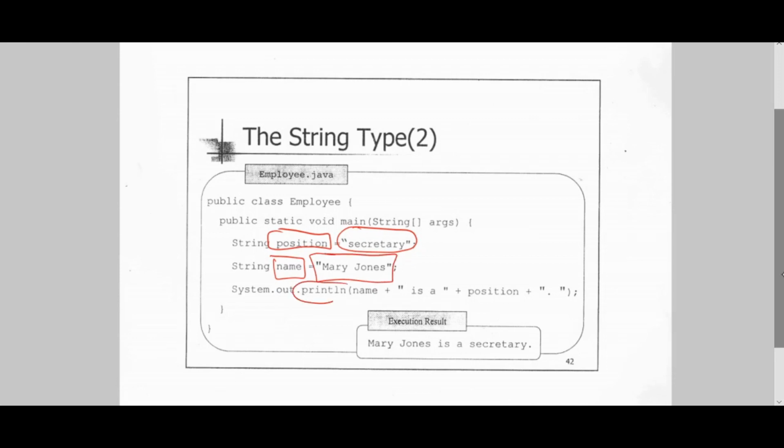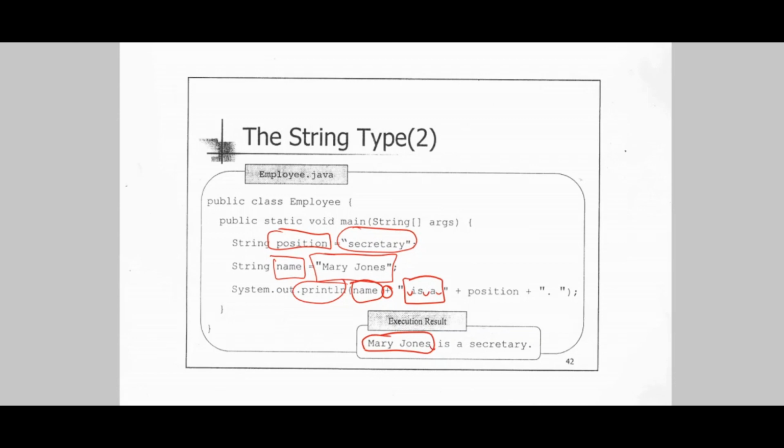So when we use println to display this, what's the output? The value of this variable name is Mary Jones. That's the output in there. And then we concat this string with space is space A and another space.